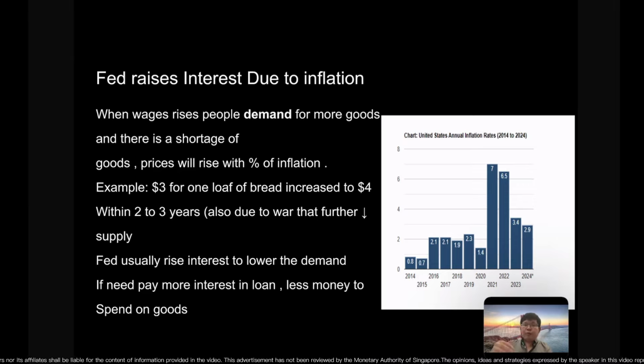The Fed usually increases the interest rate to lower the demand. If people need to pay more, everybody would have a loan, like a house or a car, they will borrow money to make the loan.